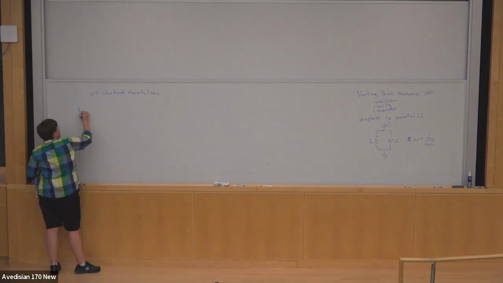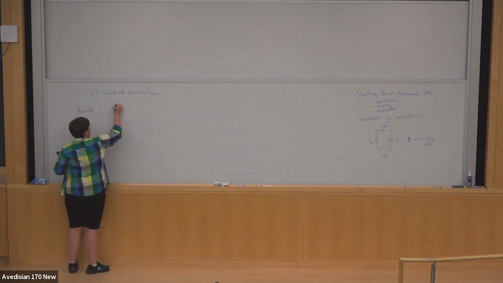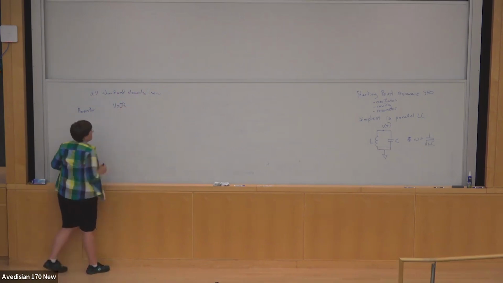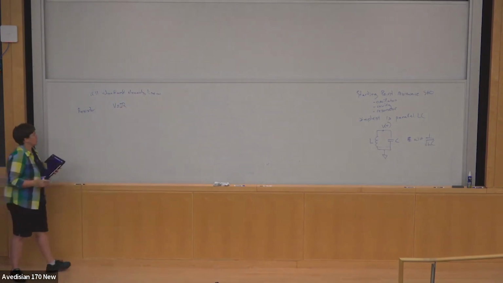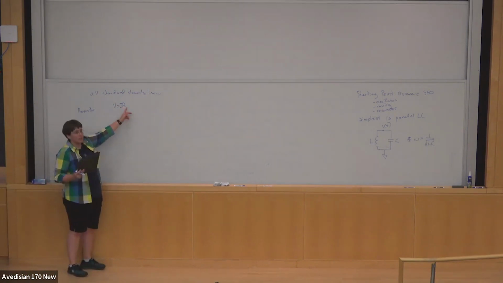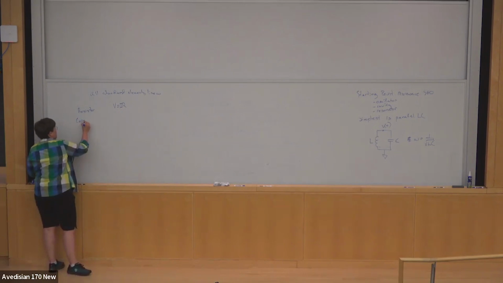So if we look at a resistor, then that has the equation V equals IR. So the voltage across a resistor is the resistance times the current. So that's linear in the voltage and the current.